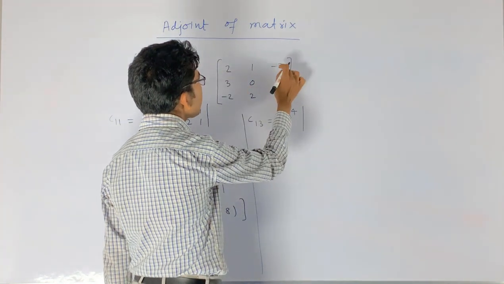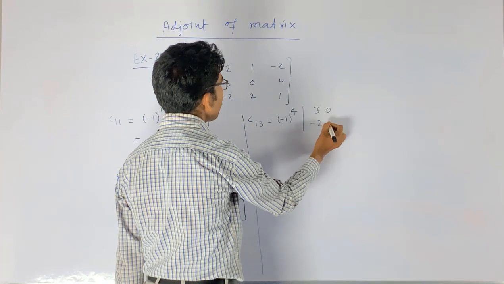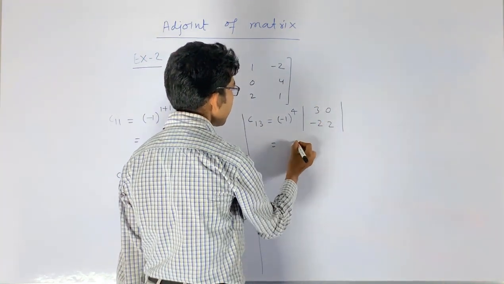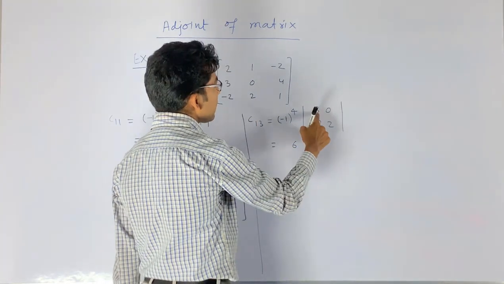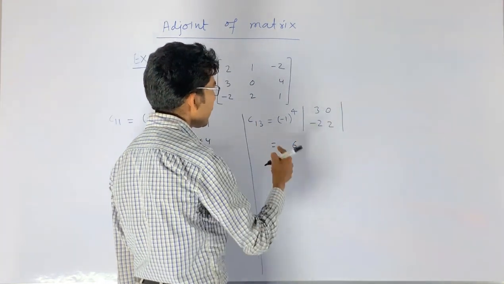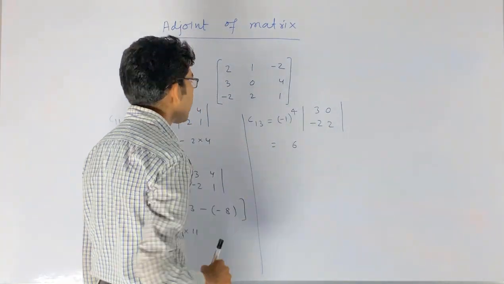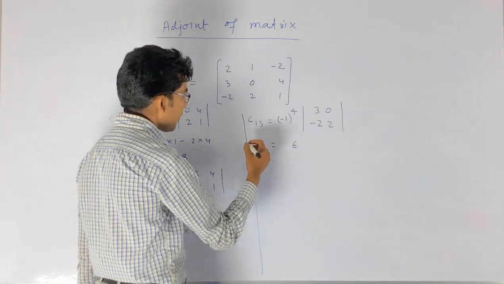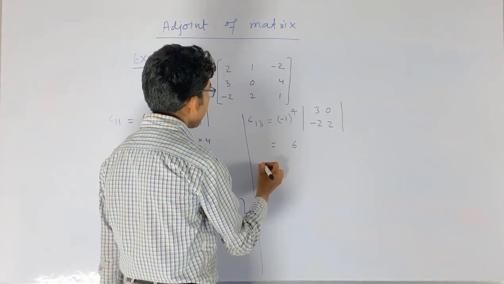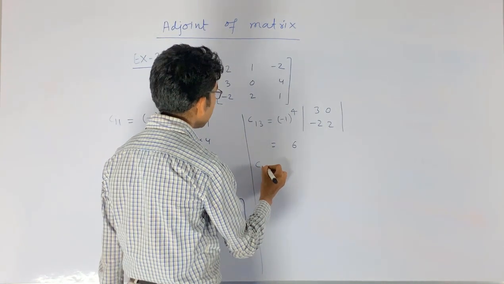After deleting the first row and third column, we remain with 3, 0, minus 2, 2. So this is equal to 3 into 2, 6, and minus 2 into 0, 0, and minus 1 to the power 4 is 1. So the answer is 6. And further, we can determine for the other elements.